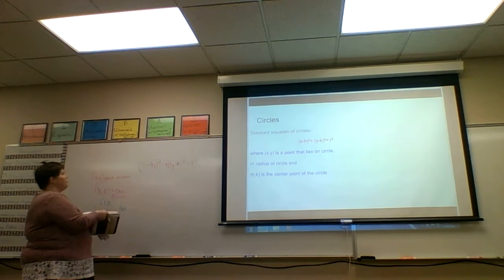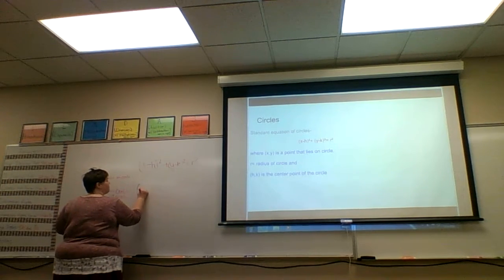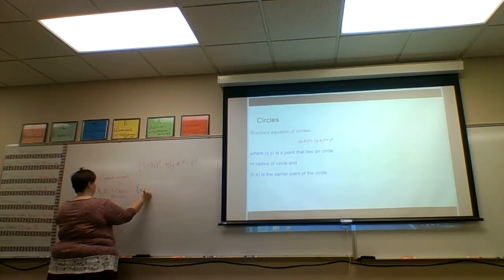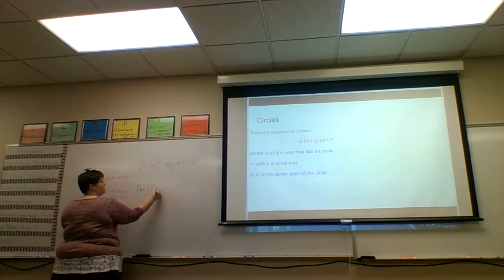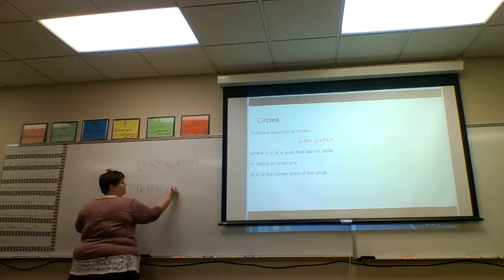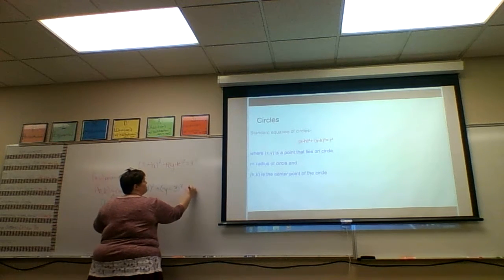And they want you to put that in standard form. So I don't have any x and y, so I'm going to leave x and y as the variables that are in there. So x minus h, which is 1, squared, plus y minus k squared equals 4 squared.